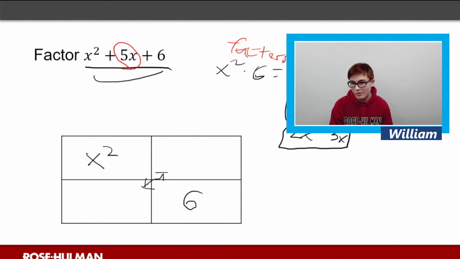So we're looking for 5x. Now if I do, let's say, 6x plus 1x, well that equals 7x. So that's not great because we don't want a 7x. And then if we do like a 6x minus a 1x, we can get a 5x.